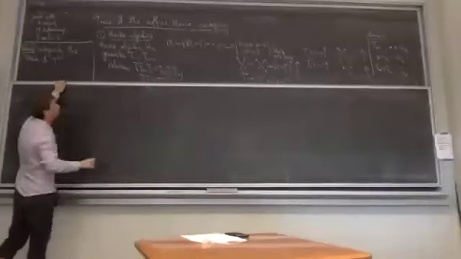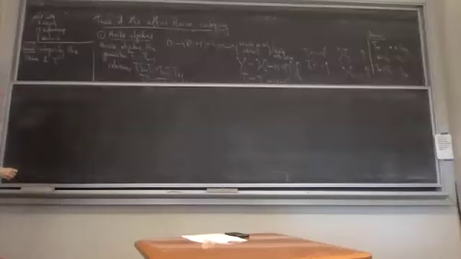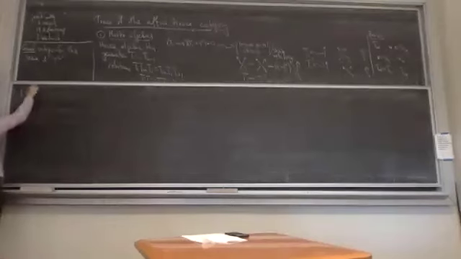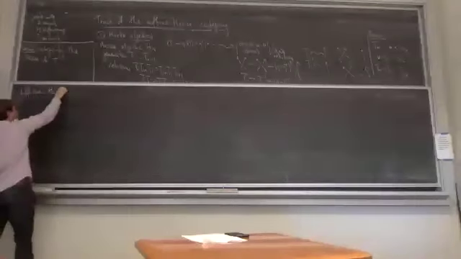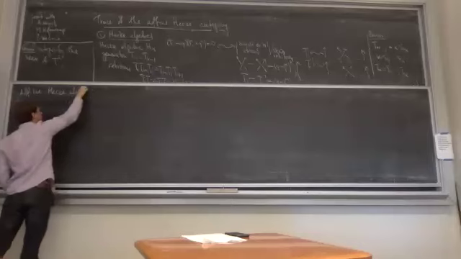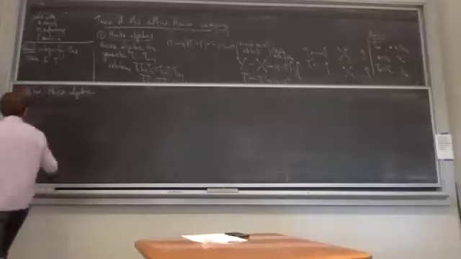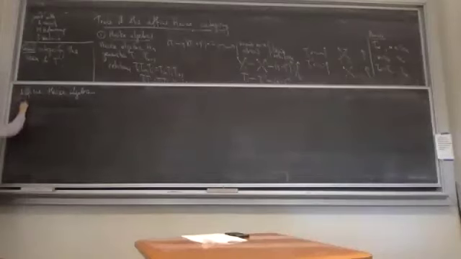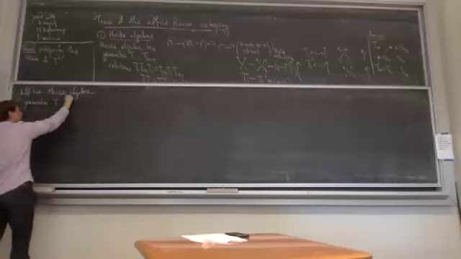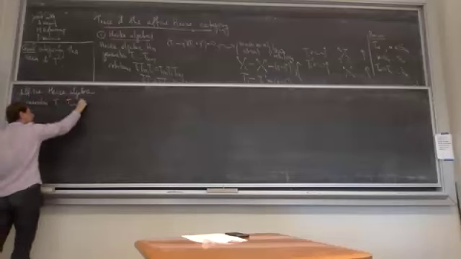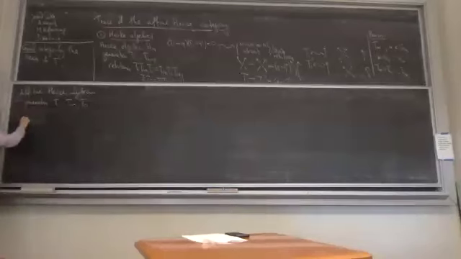So the next algebra is the affine Hecke algebra. You can define it in many different ways, but I want to say it this way. You have generators T1 through Tn-1 and T0, and then an additional generator omega.